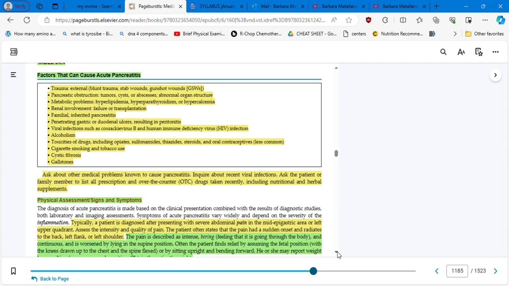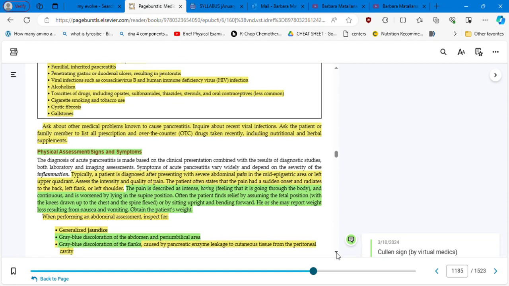Factors that can cause acute pancreatitis: trauma, metabolic processes like hyperlipidemia, which is high intake of lipids, hyperparathyroidism or hypercalcemia, renal involvement, familial inherited pancreatitis, because everything starts with the family habits, viral infections, alcoholism, cigarette smoking, cystic fibrosis, gallstones, and so on.